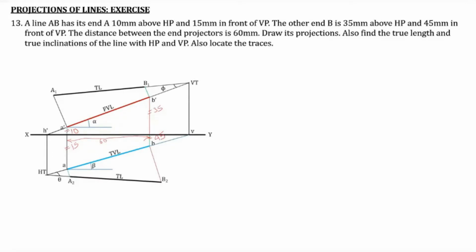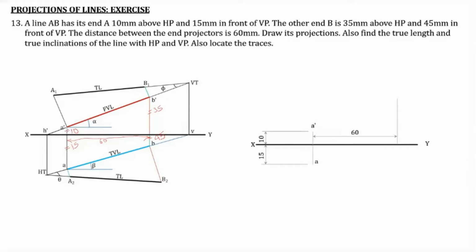Now, as usual, we start with an XY line, then we draw the projections. First, we draw the point A dash, which is 10 millimeter above the XY line. Then we mark the point A, which is 15 millimeter below the XY line. Then at a distance of 60 millimeter from this projector, the projector for A and A dash, we draw another projector, which is the projector for B and B dash.